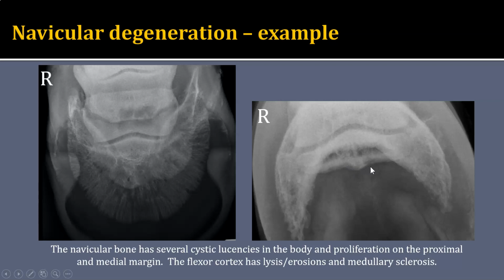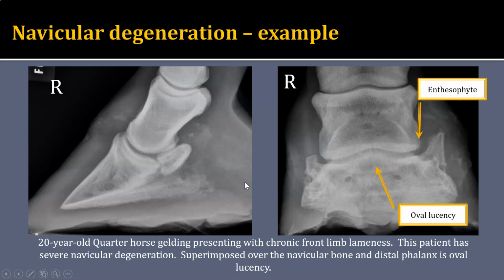I haven't mentioned yet, but when we see these severe flexor cortical erosions, usually there is adhesion formation with the bursa and with the deep digital flexor tendon. And so these patients, again, oftentimes have a lot of soft tissue associated abnormalities that can lead to the clinical signs of navicular disease.